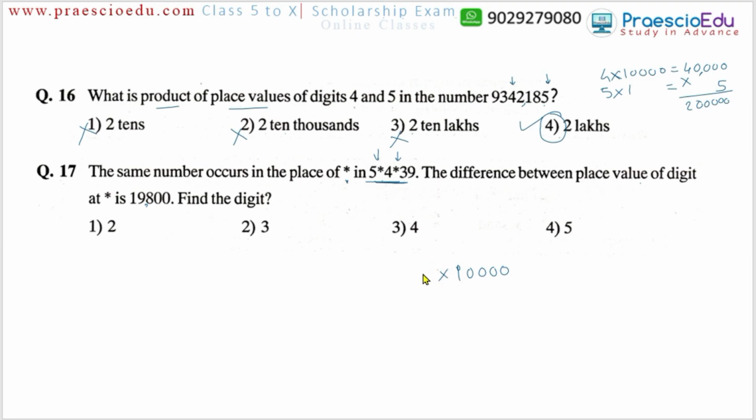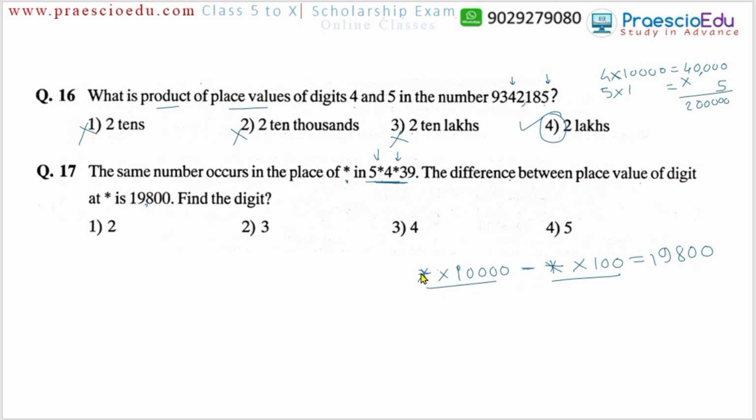So we write star multiplied by 10,000, and star multiplied by 100. The difference between the place values is 19,800.